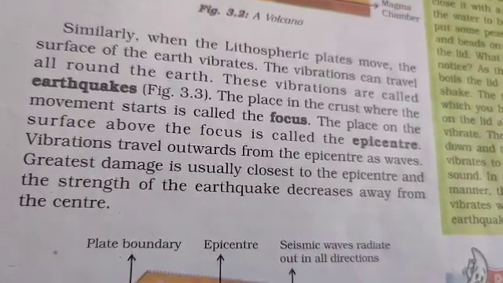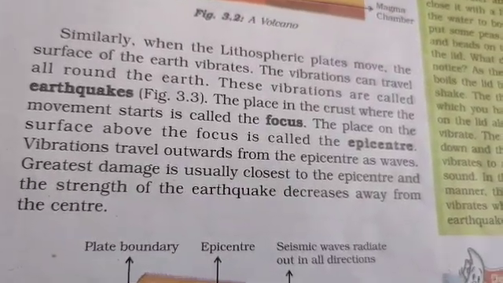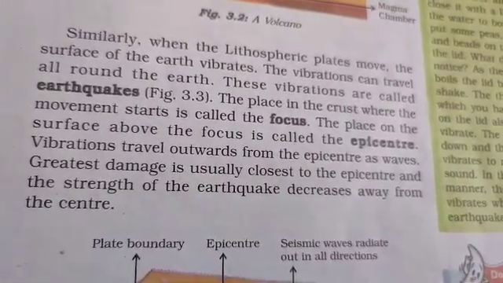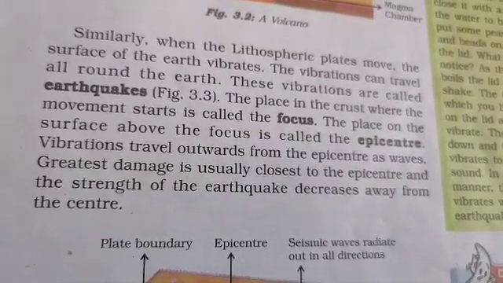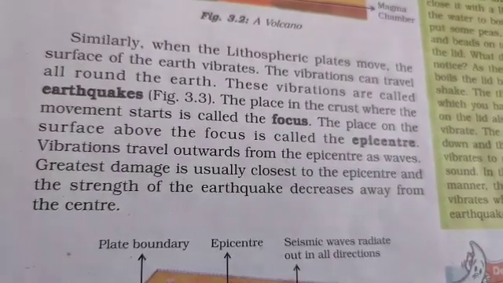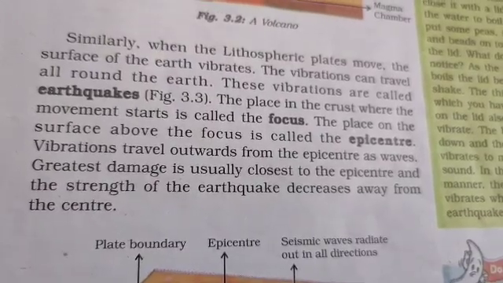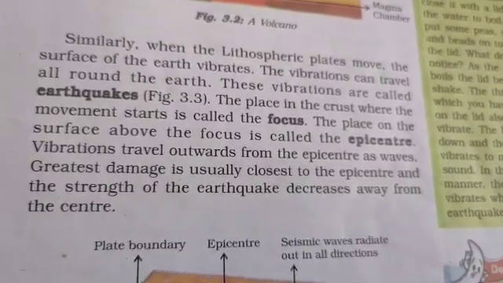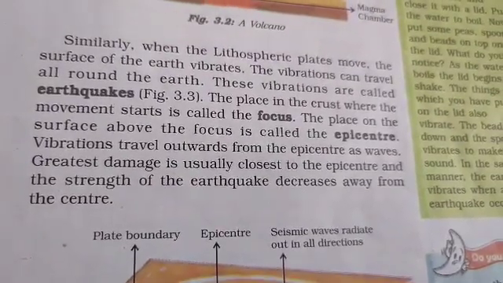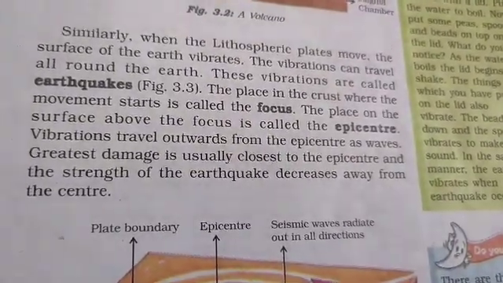For example, children, if you take a small stone and throw it into a water body, then after the object falls into the water, you could see round waves generated over the surface of the water. These waves initially start in a small size, and gradually become bigger and bigger, and cover greater diameters.